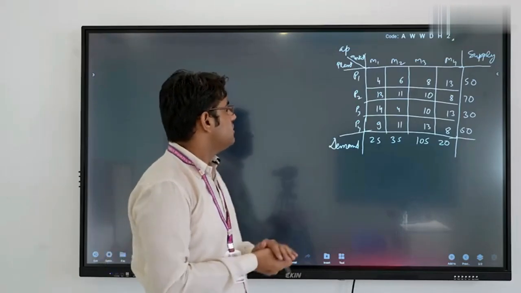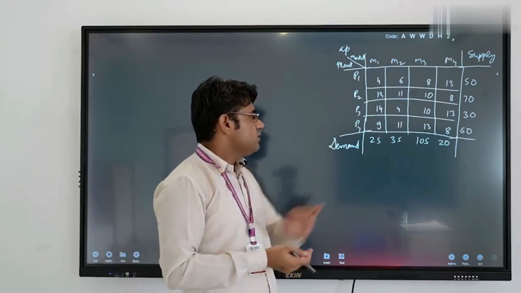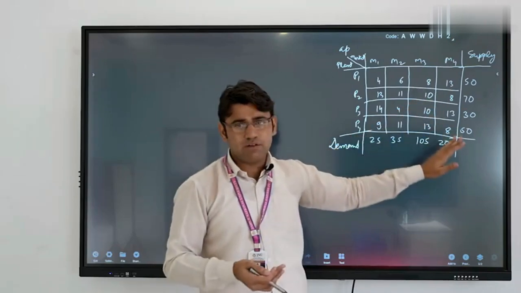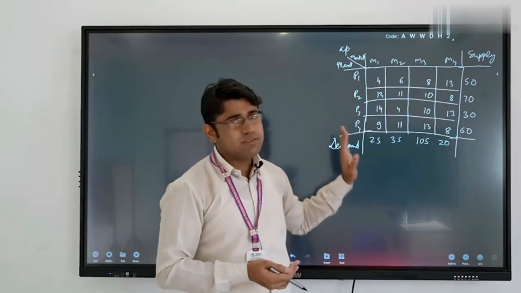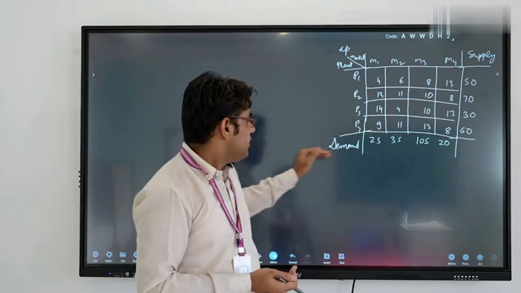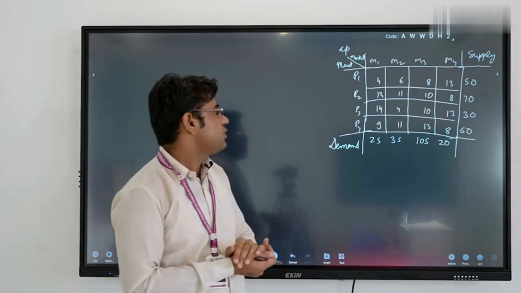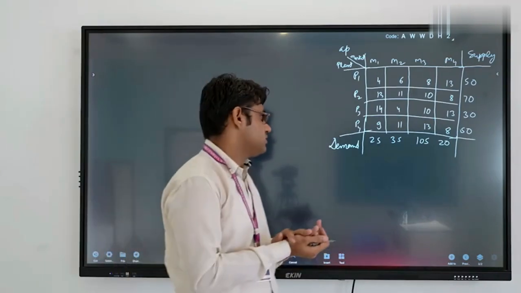So here find the sum of demand and the sum of supply. If the sum of demand and supply are equal, then the problem is a balanced transportation problem. If the sum of demand and supply are not equal, then the problem is an unbalanced transportation problem.